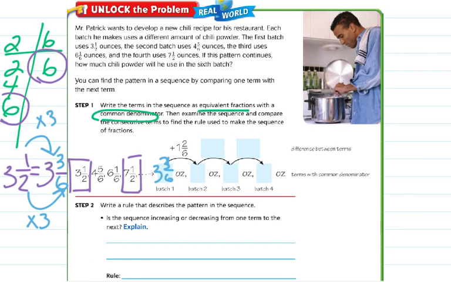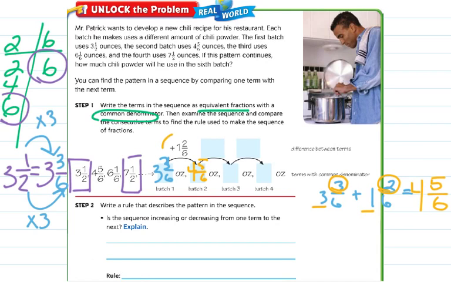And then we think to ourselves, if we add 1 2/6, we add our whole numbers, 3 plus 1 is 4. We add our numerators, 3 plus 2 is 5. So we have 4 5/6. So in our second batch, we would get 4 5/6.